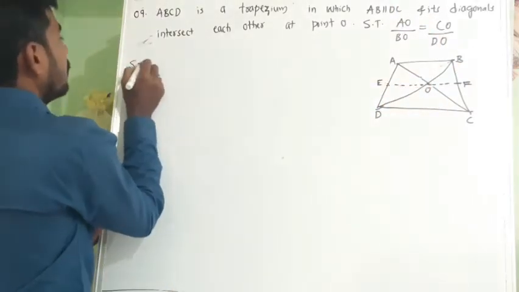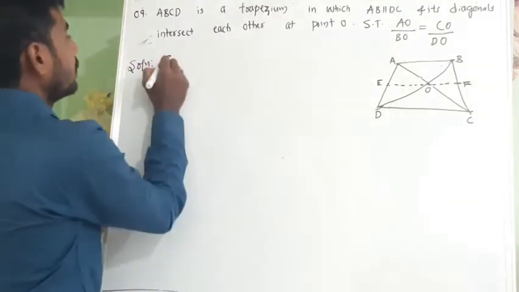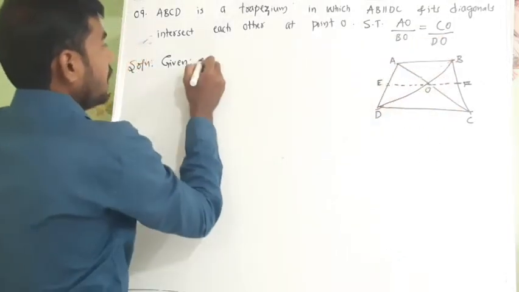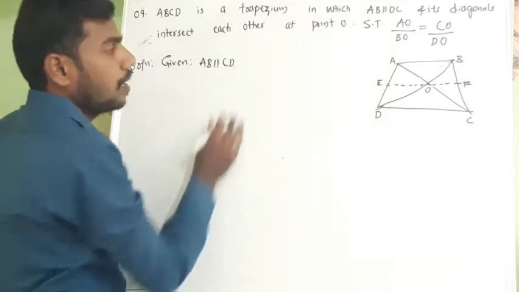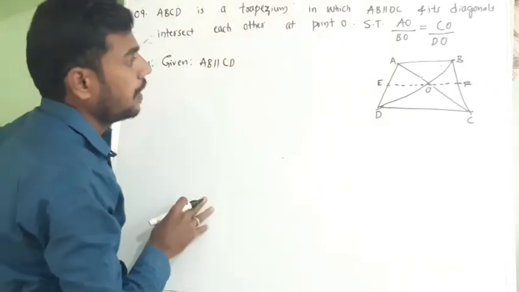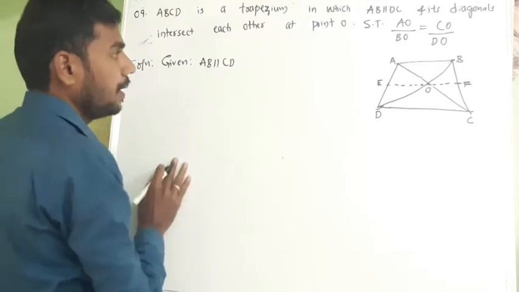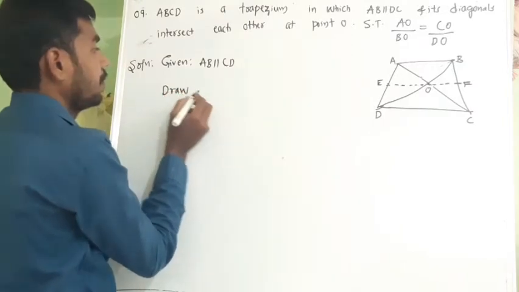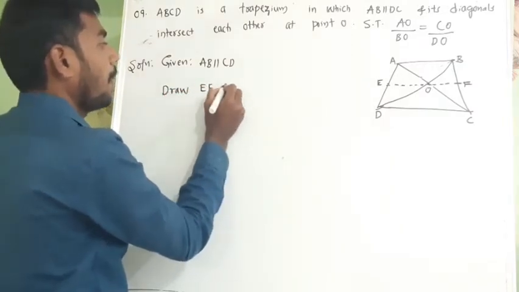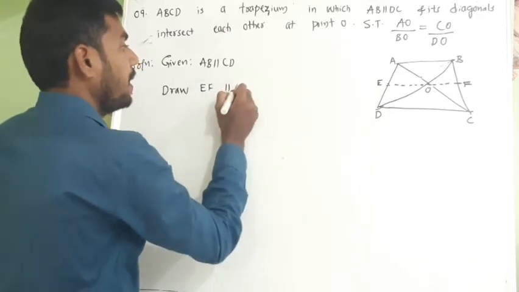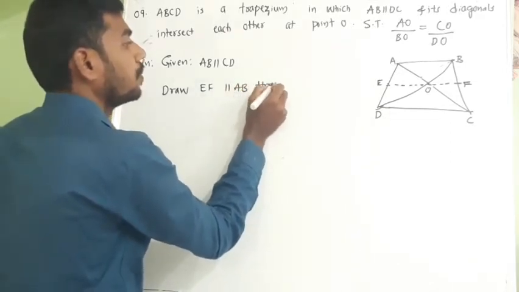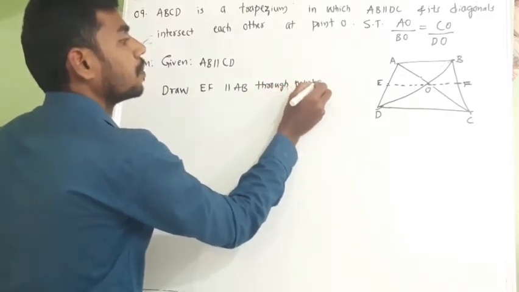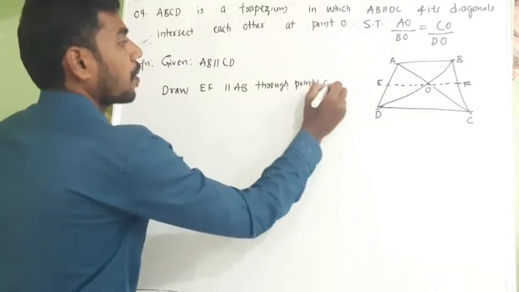So what is given to us? AB is parallel to CD, and what I am going to do is draw EF parallel to AB through point O. Okay.